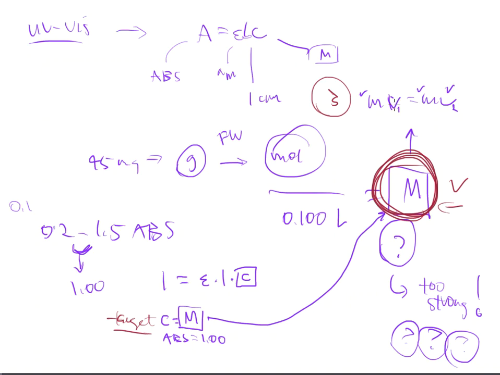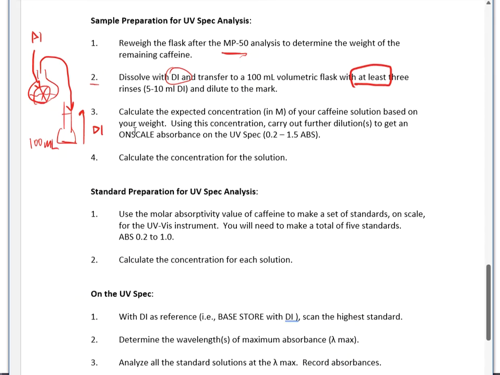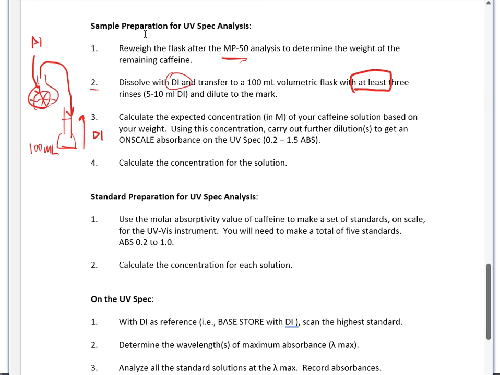How much V1 of this should I use? My original. And you pick the volume. You want to make 10 mLs, 25 mLs, 50 mLs, whatever the case is, do it. Go for it. And then that will allow me to prepare a sample that will run on scale with the UV-Vis. All right? So that's going to be the next part, and that's this sample preparation for our UV-Vis instrument.